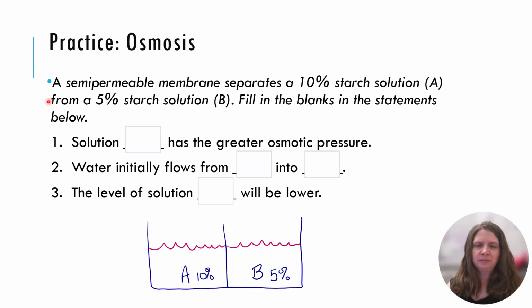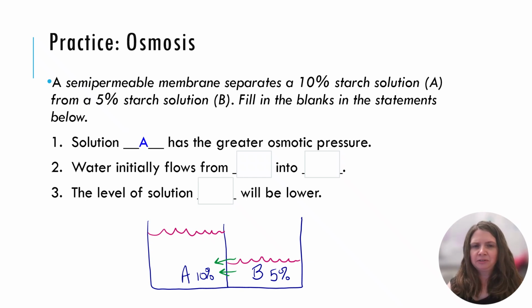Solution A is more concentrated, so solvent flows from B to A. As solvent moves, the volume of solution A increases while the volume of solution B decreases. Therefore, solution A has the greater osmotic pressure. Water initially flows from B into A, and the liquid level of solution B becomes lower.